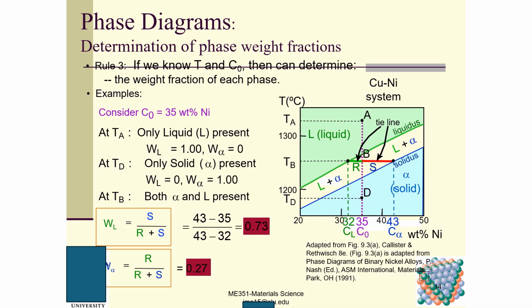The numerator for L equals the arm length from point B to the solidus. For W alpha, the numerator equals the length of the arm from point B to the point where the tie line intersects the liquidus curve. Be very, very careful when we calculate the weight percentage.